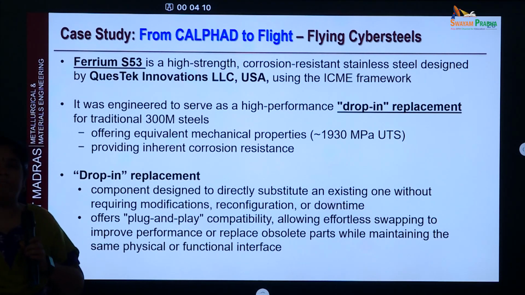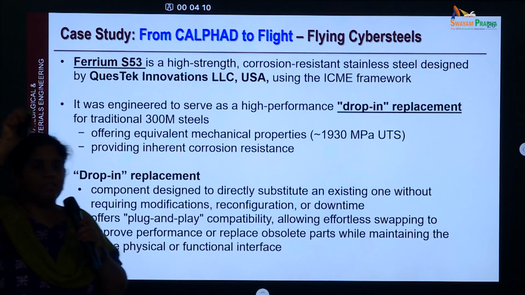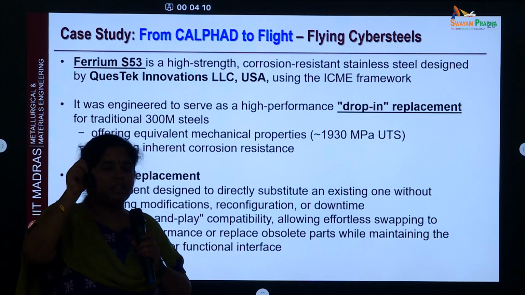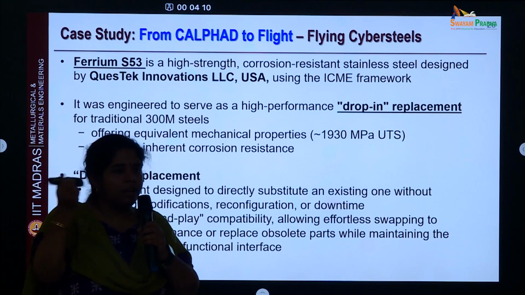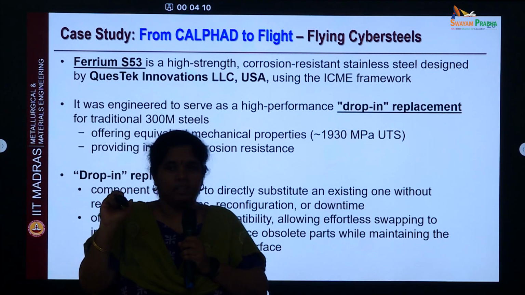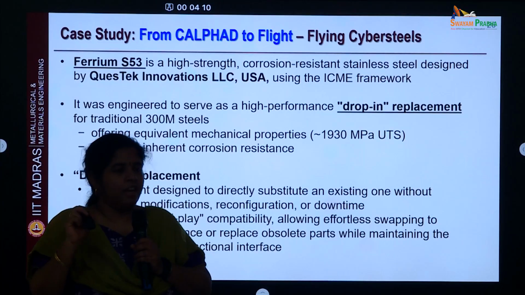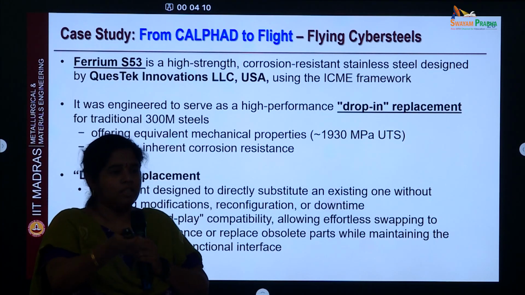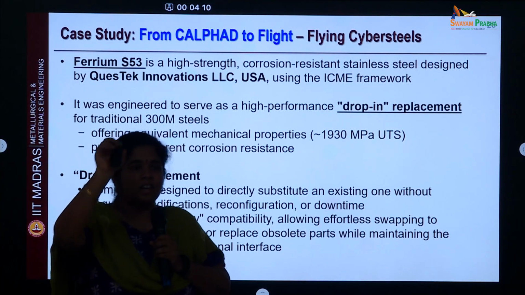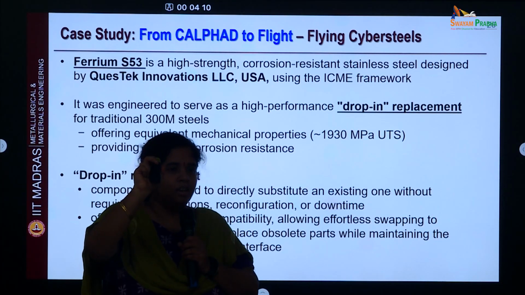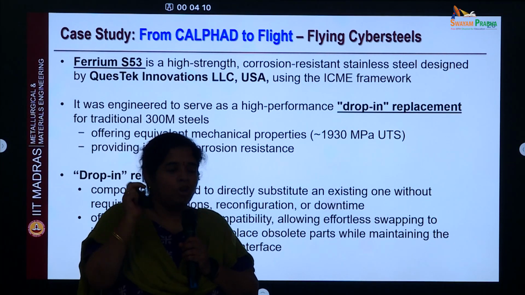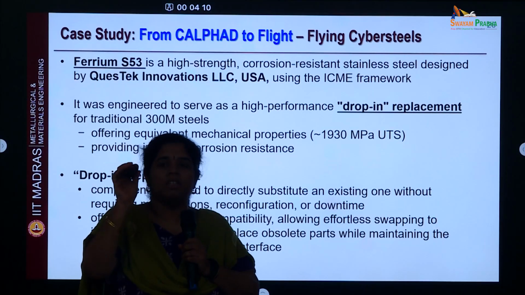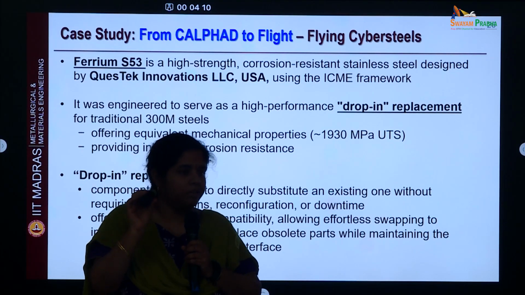Now what is drop-in replacement? It is like just changing the battery in this. For changing the battery in this, you are just opening it, putting the battery inside, and starting again. If I said to change the battery you have to remove all these buttons and everything, and again sit and reassemble this, there is a difference, right? So drop-in replacement is just like changing the battery in this pointer.